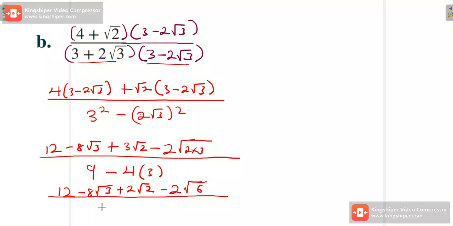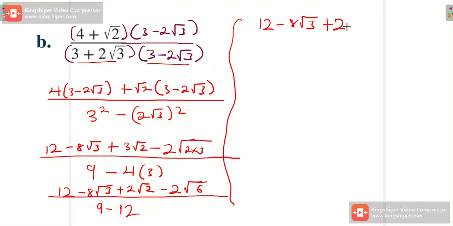Then divided by 9 minus 4 times 3. 4 times 3 is 12. So finally, we have 12 minus 8 root of 3, then plus 3 root of 2, then minus 2 root of 6, all divided by negative 3. 9 minus 12 is negative 3.